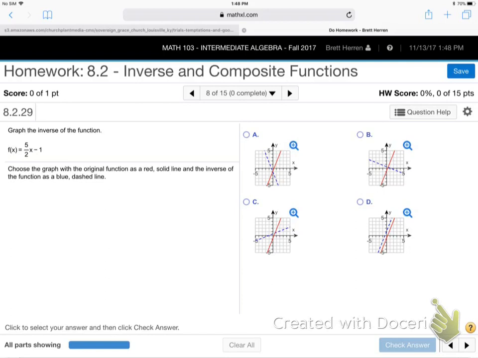And it says y equals 5/2 x minus 1. So first off, find the inverse function. First, find the inverse. I'll let you do that. So switch x and y, get y alone.